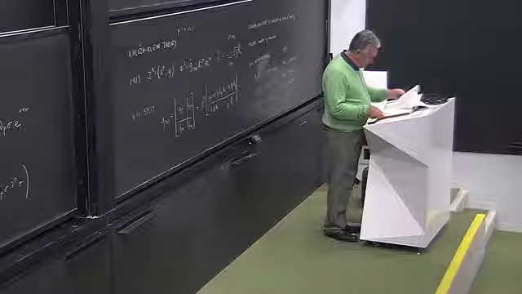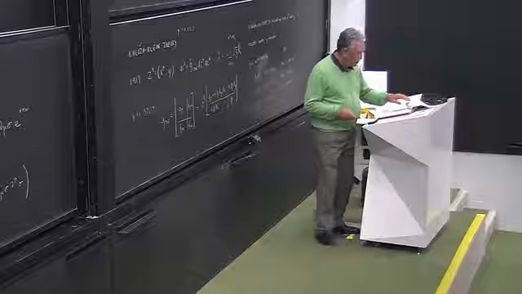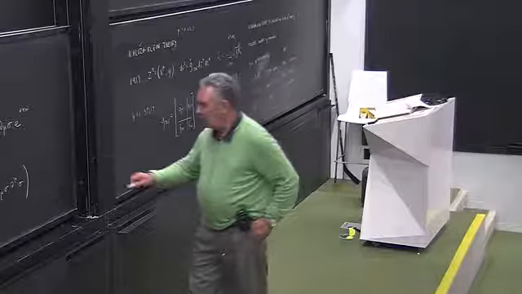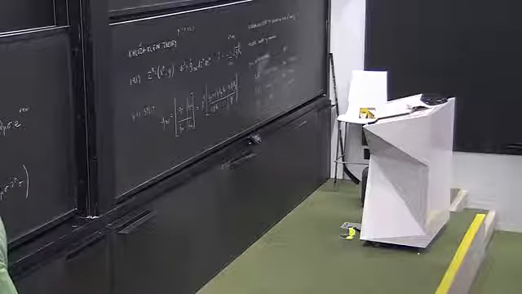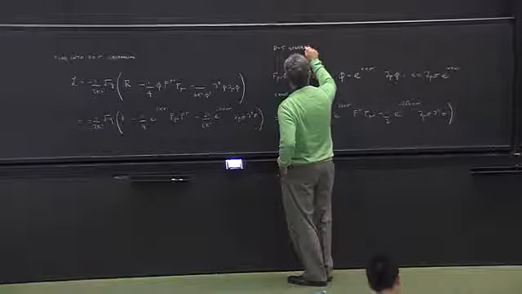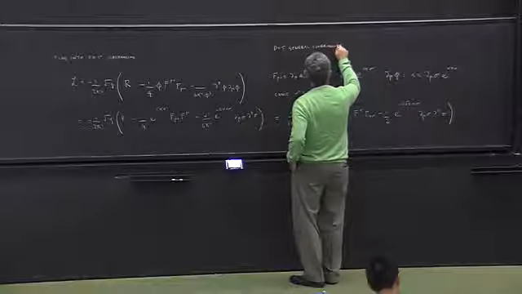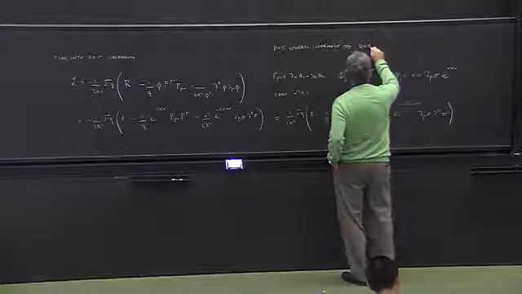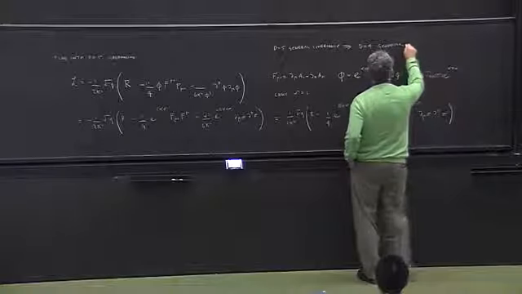Now, you can ask about gauge invariance. Maxwell's theory has a gauge invariance. But we started with a 5-dimensional general covariance.